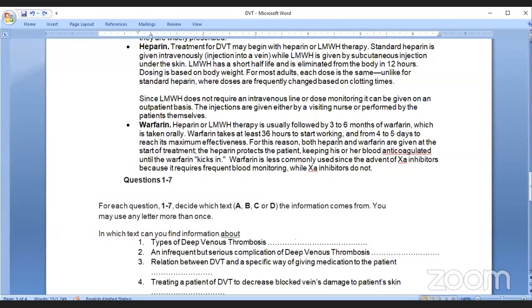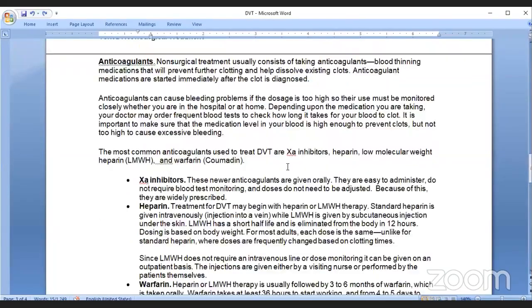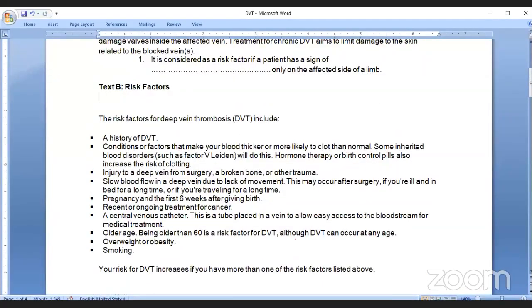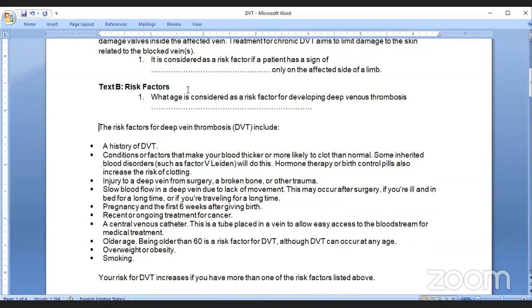That is why we give both of them. Now our question is about risk factors. So this is your question. What is your answer?